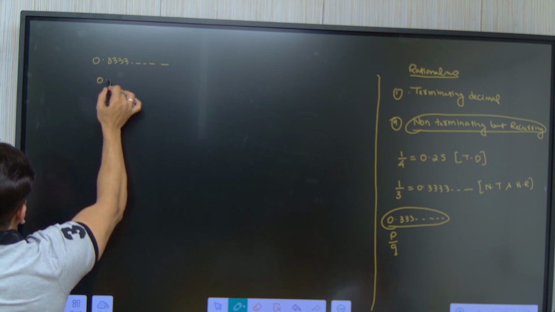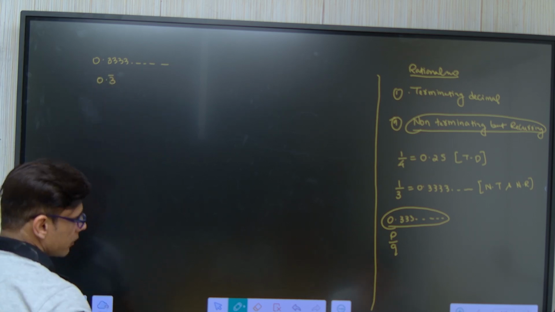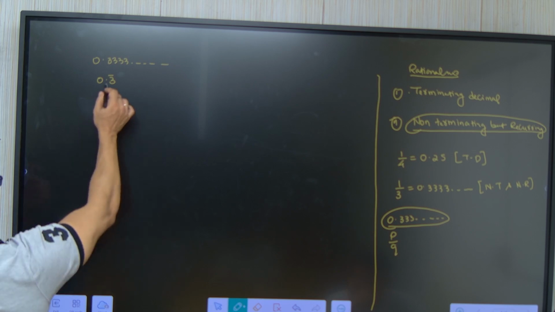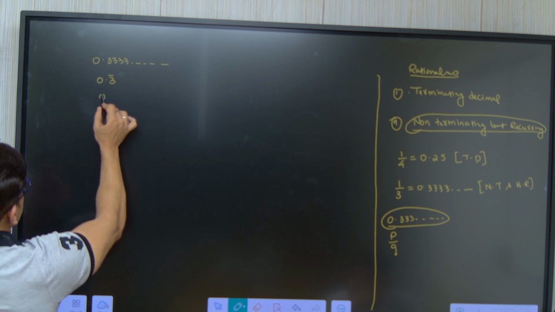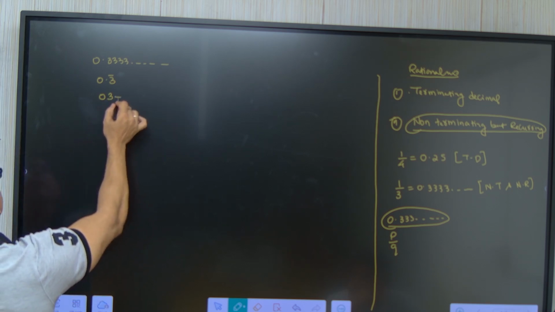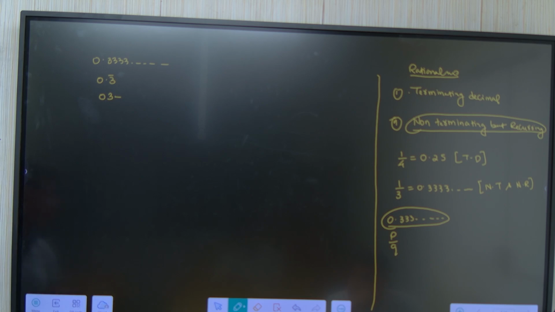First you write this number as 0.3 bar. If you want to directly convert this number into the form of P by Q, the first step is remove bar and decimal and write this number as it is, 3. From this, subtract the digits which do not have bar on them.